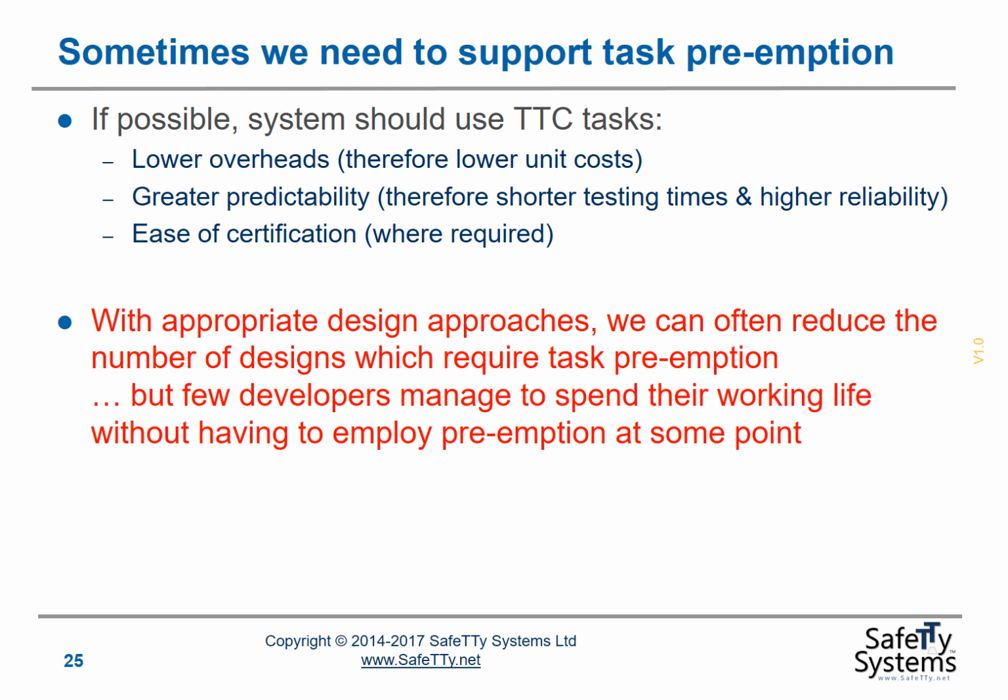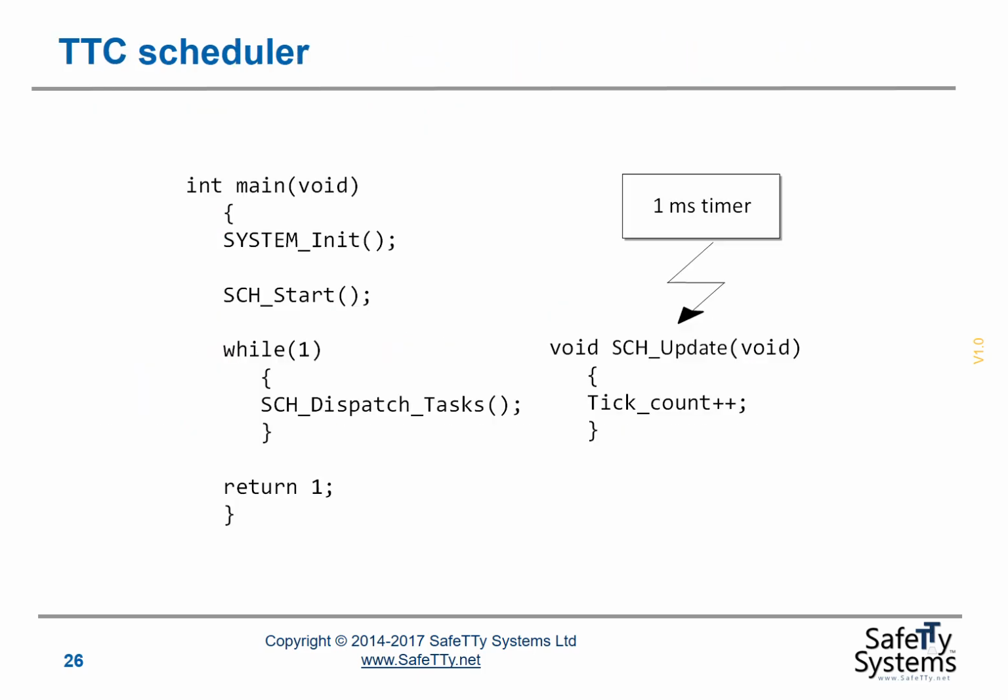With appropriate design approaches, we can often reduce the number of designs which require task preemption, but in my experience very few developers manage to spend their working life without having to employ task preemption at some point, and it's important to understand how we can implement this.